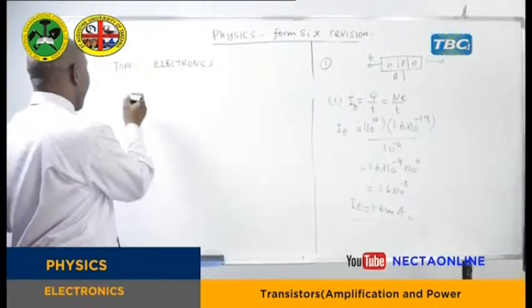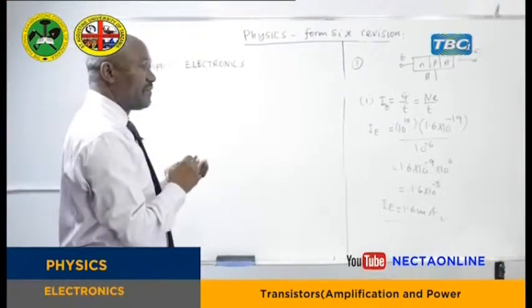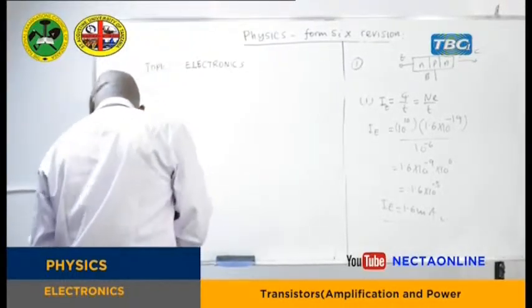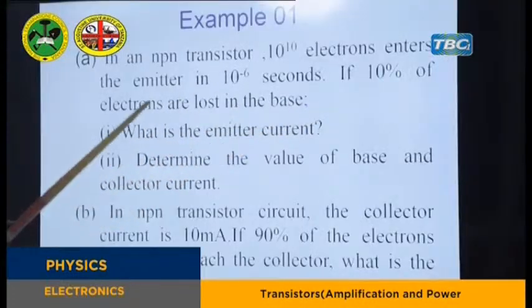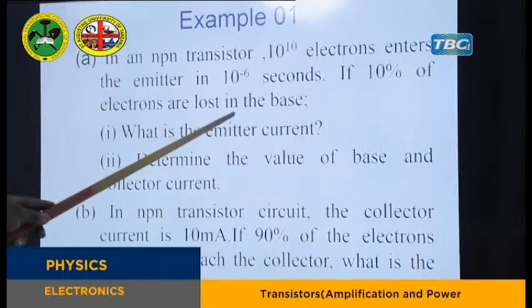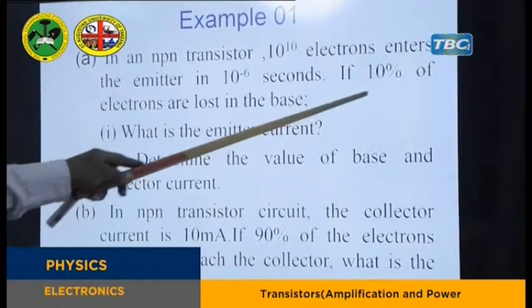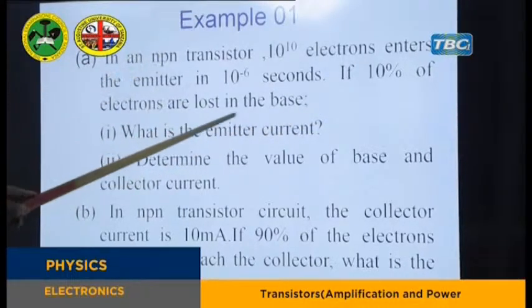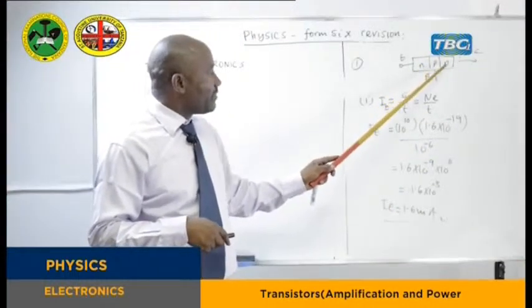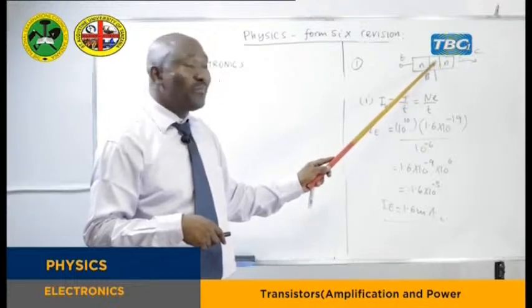In part B, you are looking for the value of the base and the collector current. So from the information given, we can see that 10% of electrons which are emitted from the emitter are lost in the base. So it means 10% of these electrons are used to produce the current in the base. If you remember, most of the electrons which are emitted here are supposed to reach the collector, but some of them combine here.